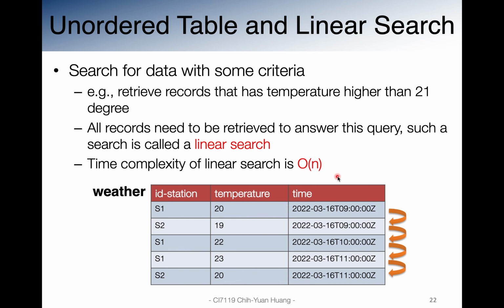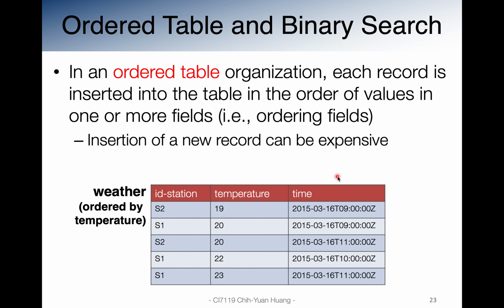Okay, on the other hand, if we take a look at the ordered table, in the ordered table organization, each record is inserted into the table in the order of value according to one or more fields. Those fields are called the ordering fields.